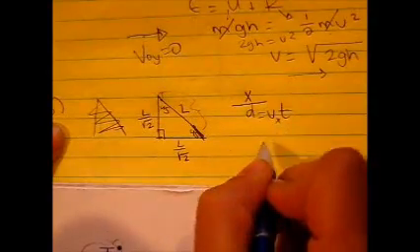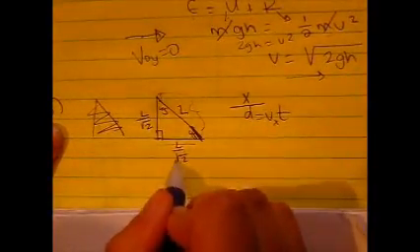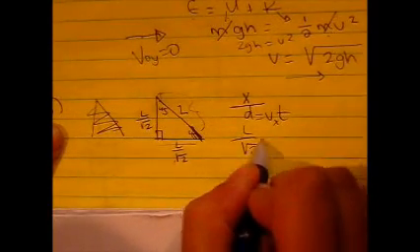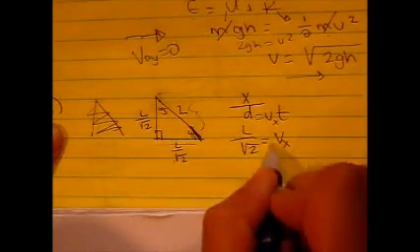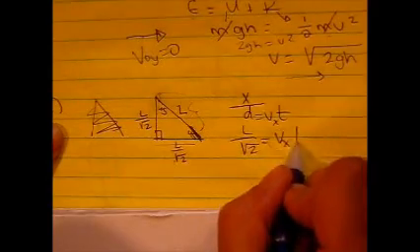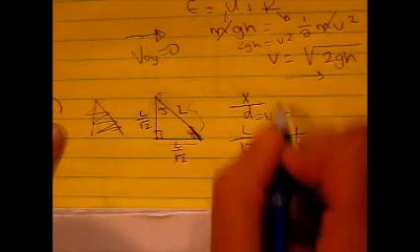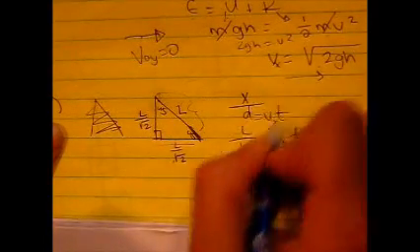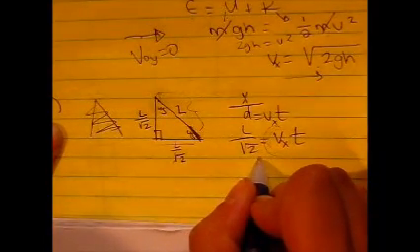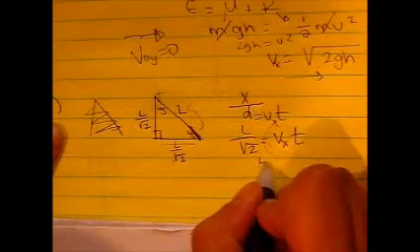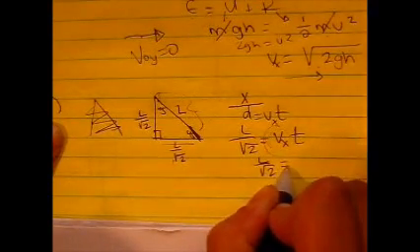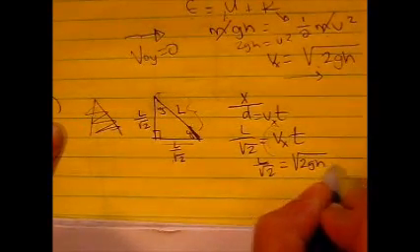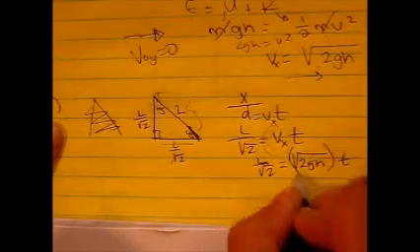This is vx. The distance in the x direction is L over rad 2, which equals the horizontal velocity times time. We know what the horizontal velocity is. We found it in part A, so I'm going to plug that in. L over rad 2 equals rad 2gh times t.